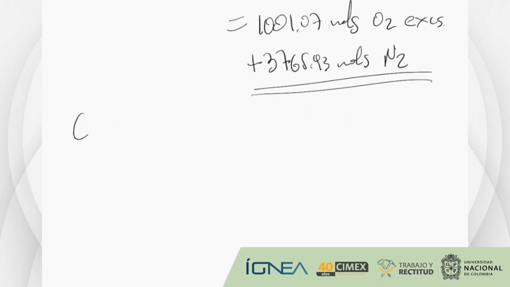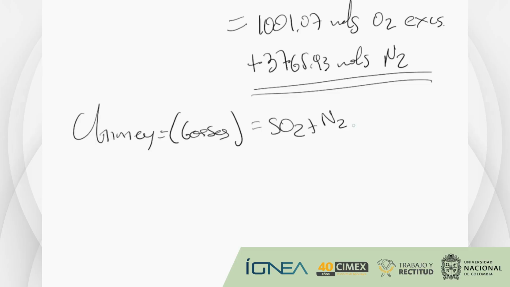In total, for the chimney, the complete gases are SO2 plus nitrogen stoichiometric plus nitrogen in excess plus oxygen in excess. What is that?